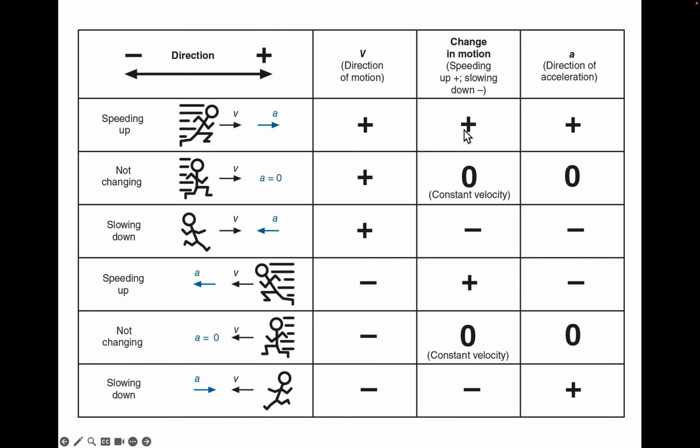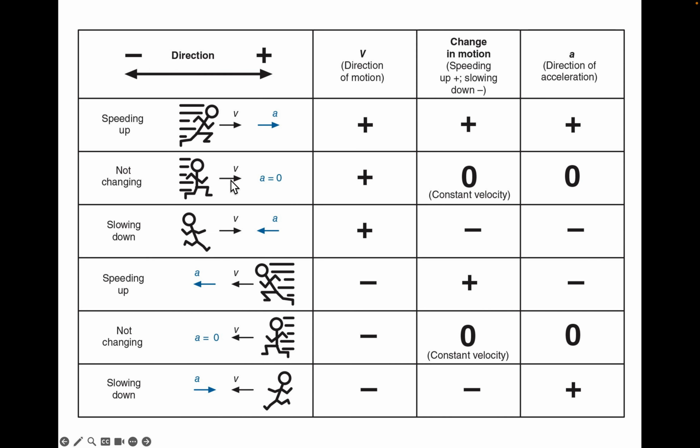Now, the second column here is the change in motion, where speeding up is positive, maintaining constant velocity is 0, and slowing down is negative. Now, the direction of the acceleration: as I'm speeding up going to the right, acceleration will be going to the right as well, so it would be positive.